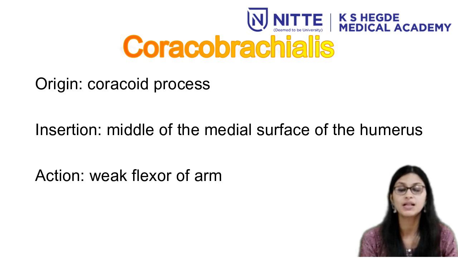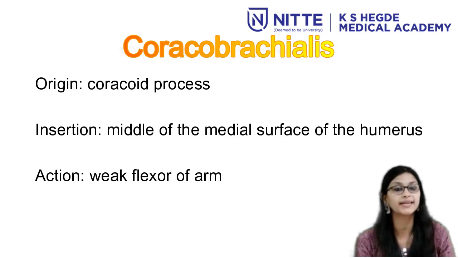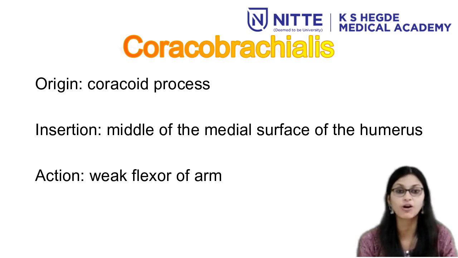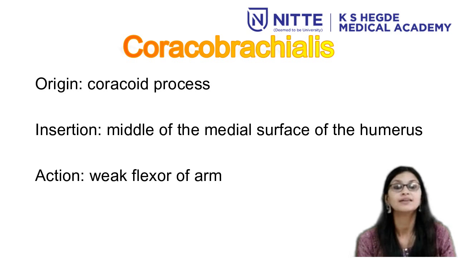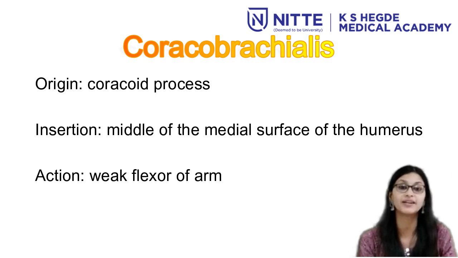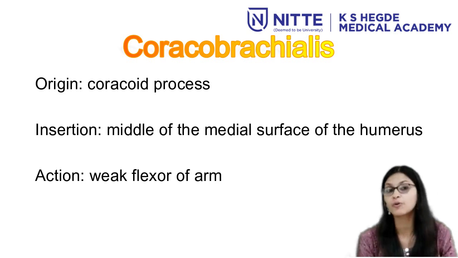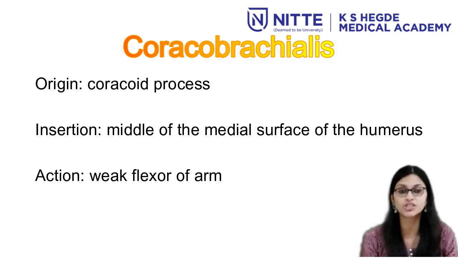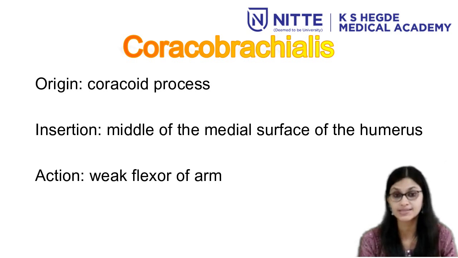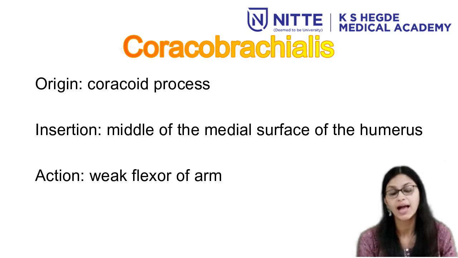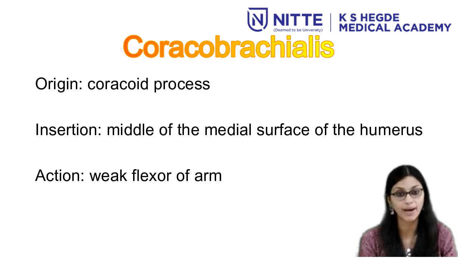The next muscle of this compartment is the coracobrachialis muscle. It is easy to remember the origin of the muscle as within the name itself contains the origin. Coraco stands for the coracoid process of the scapula. So coracobrachialis muscle takes its origin from the coracoid process, from the tip of it along with the short head of the biceps brachii.